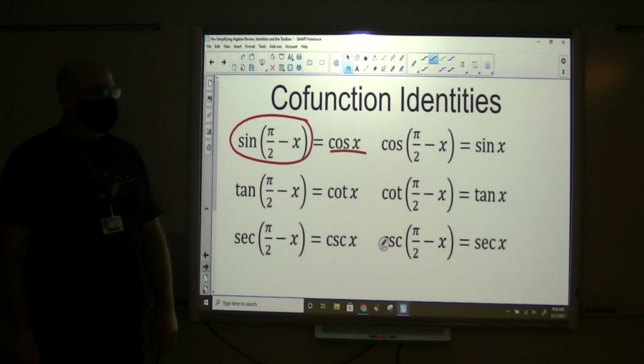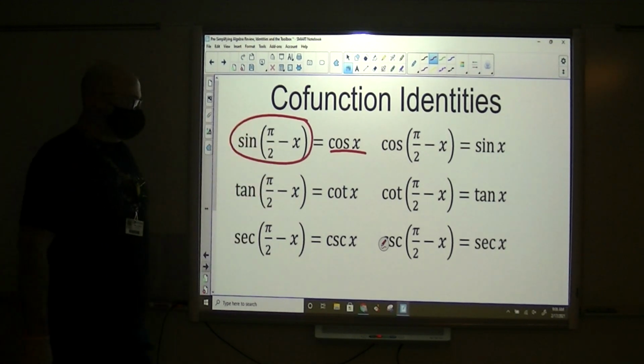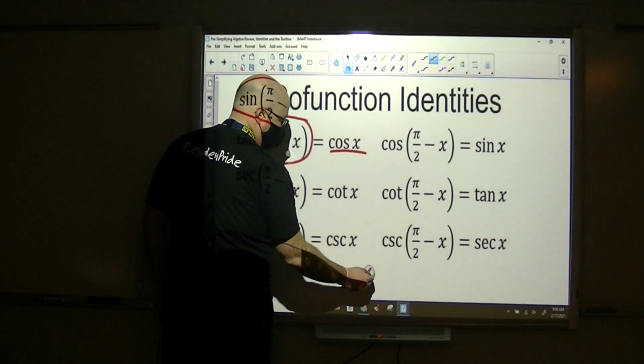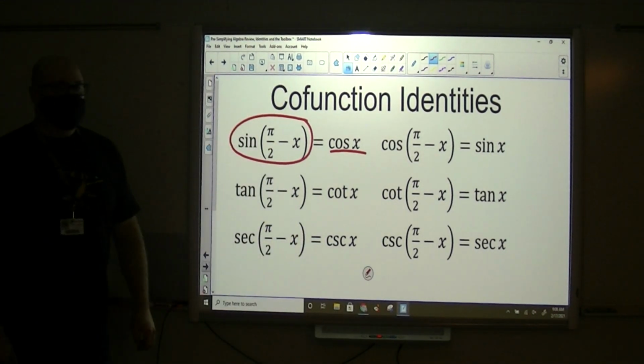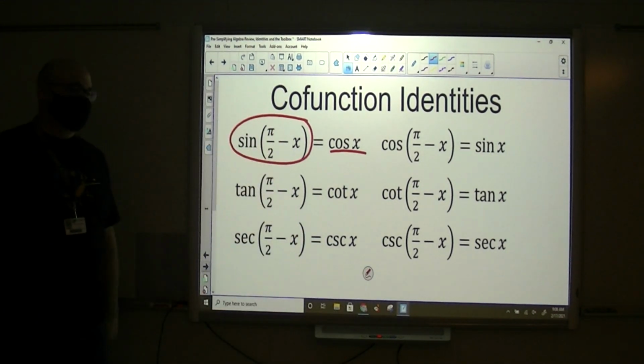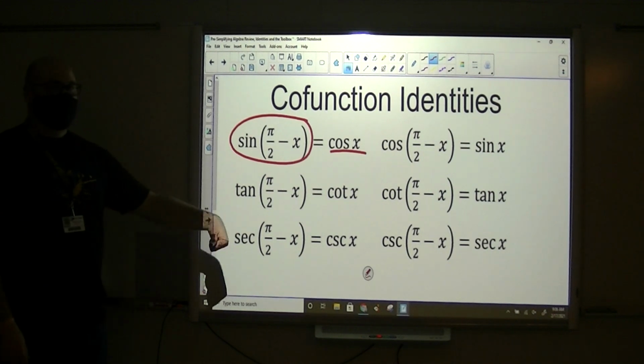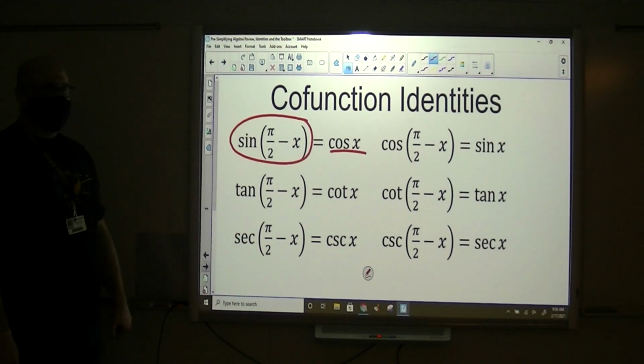Okay? So again, I would encourage you, pause this, write these down. Write these down because these are more substitutions that we're going to want to be able to make once we get into the real stuff.